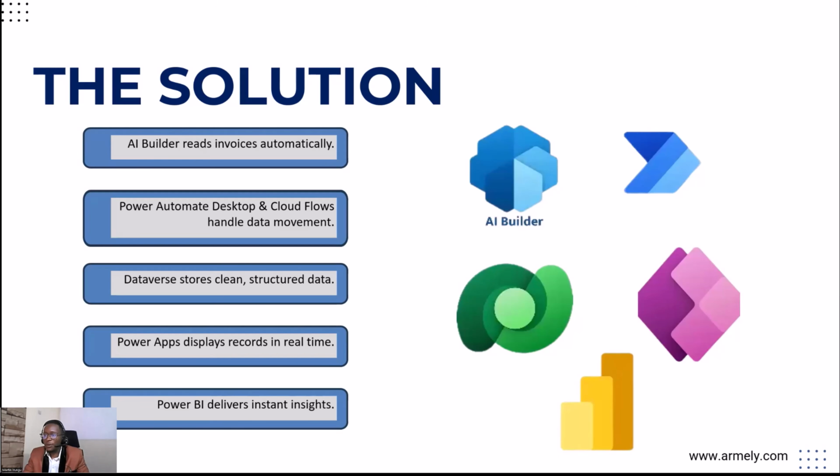Then we're going to have Dataverse acting as our database, which will store our data. And then we can view the information and the data we've submitted with Power Apps. And finally, we can have a visual with Power BI for instant insights, especially for our decision makers.